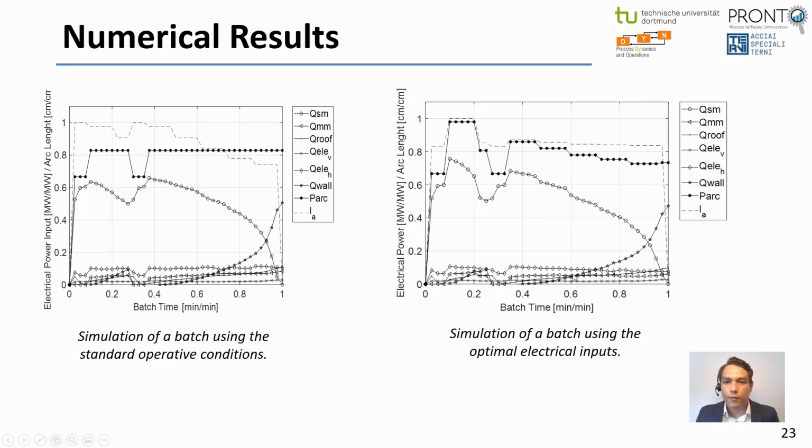In the bottom part of this figure, we see that if we compare with the standard operations, towards the end of the batch there is a minor reduction of the energy that arrives to both the electrode horizontal and the roof of the furnace. This implies that especially towards the end of the batch, the energy that arrives to the electrode is reduced, therefore the electrode consumption is also reduced.